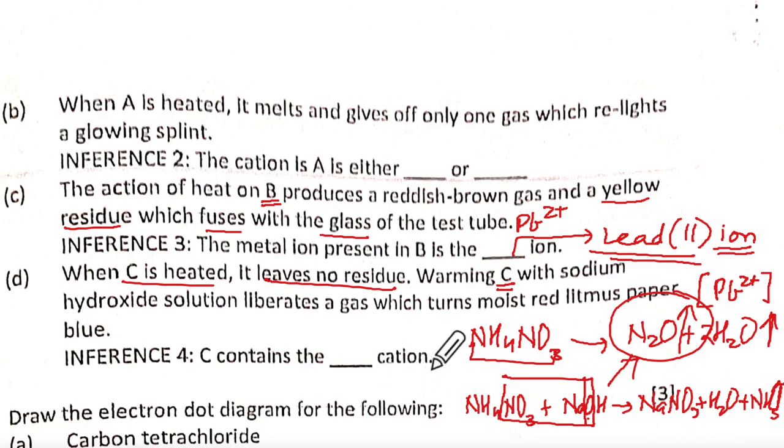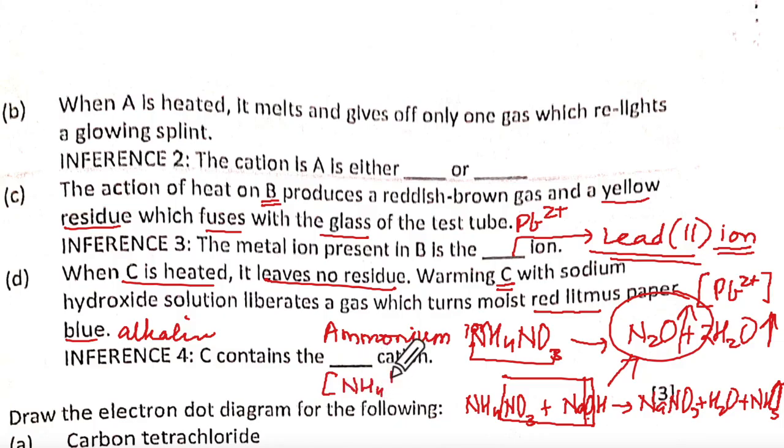Agreeable to you? The gas, which turns moist red litmus blue, means it is alkaline gas. So ammonia is alkaline gas. So C contains which one? Ammonium cation, ammonium ion in brackets NH4 1 plus.